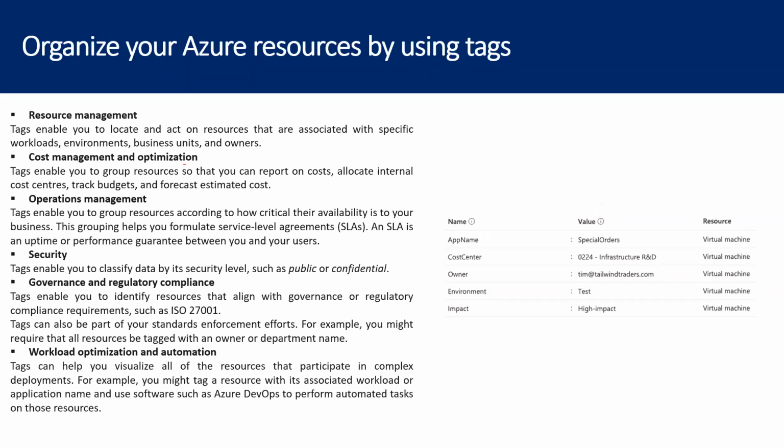Whenever we have been asked in various companies, they want to know what resources they are using and, at each resource level, the security level, whether it's public or confidential. Your application can manage that, but at the resource level you need to apply it. If you have tagging functionality, you can say this resource is public, this resource is confidential. This is a very small functionality, but it is used effectively in various cases.